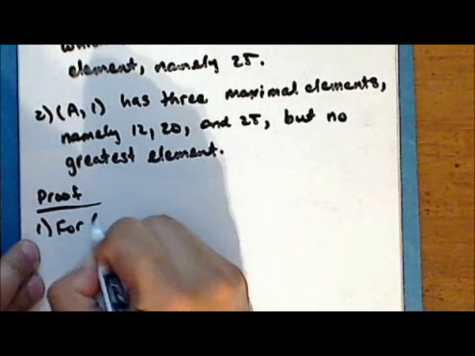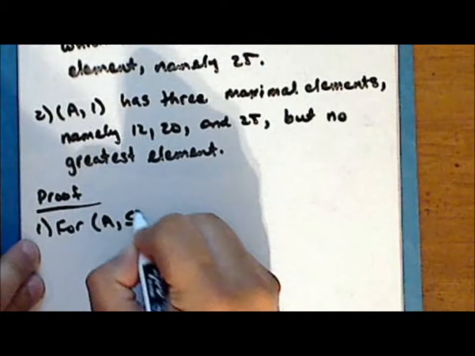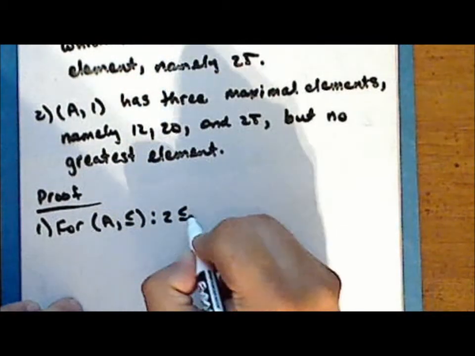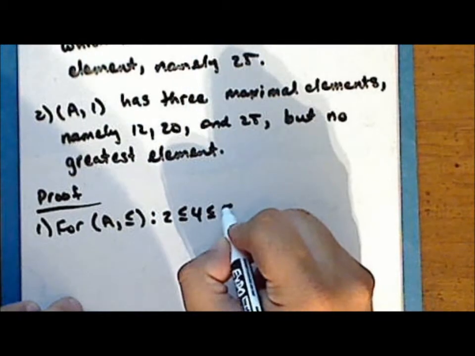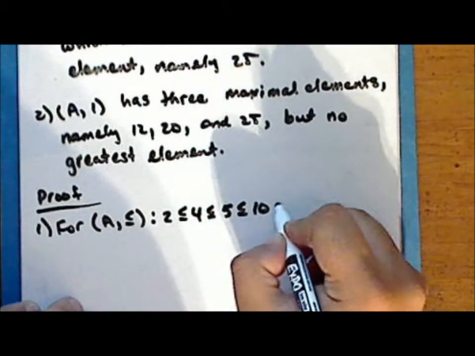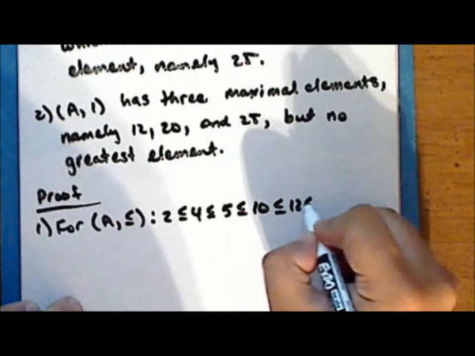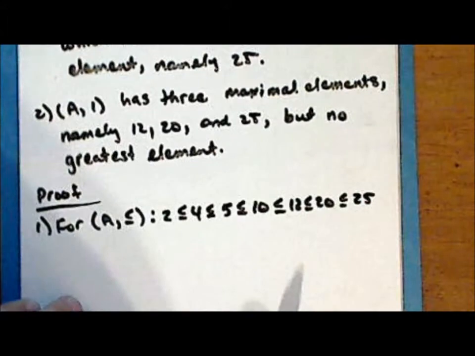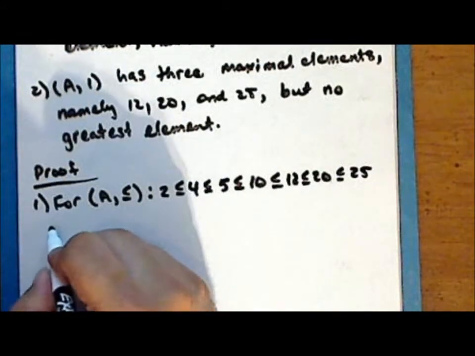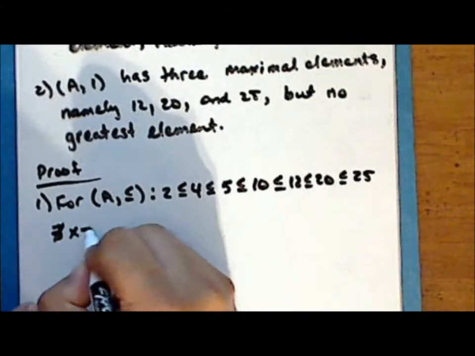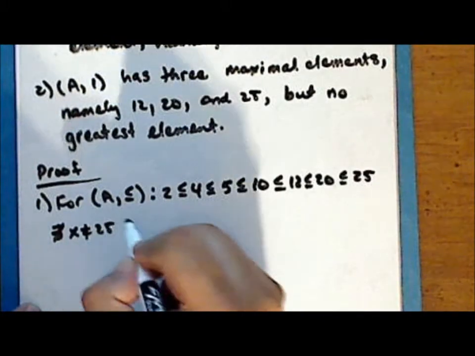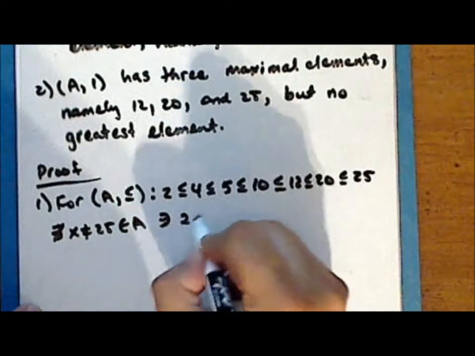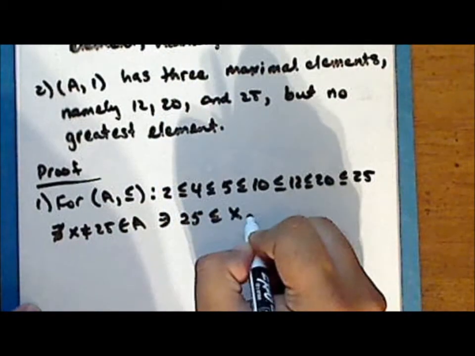for the poset A with the relation less than or equal to, we have one long chain. 2 is less than or equal to 4, which is less than or equal to 5, which is less than or equal to 10, which is less than or equal to 12, which is less than or equal to 20, which is less than or equal to 25. So notice that there does not exist an element x which is distinct from the number 25 in the set A, such that 25 is less than or equal to x.